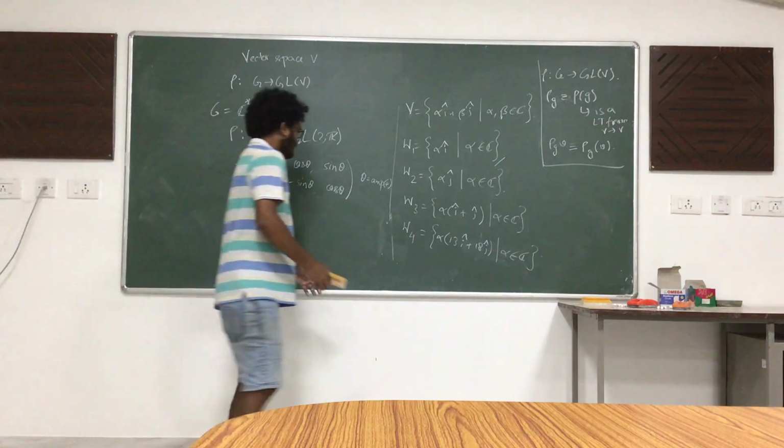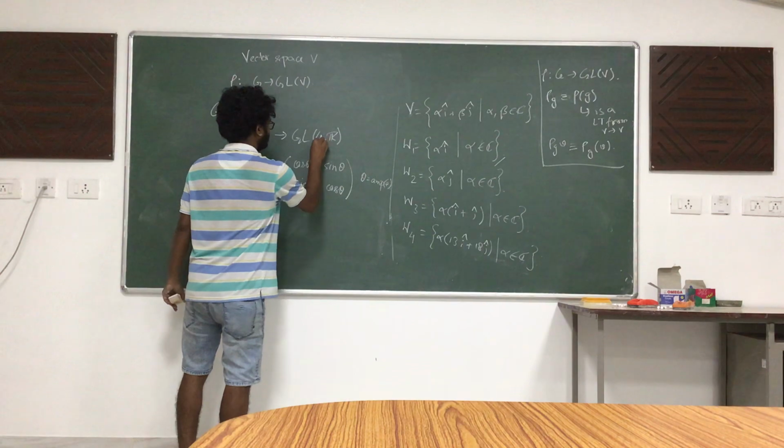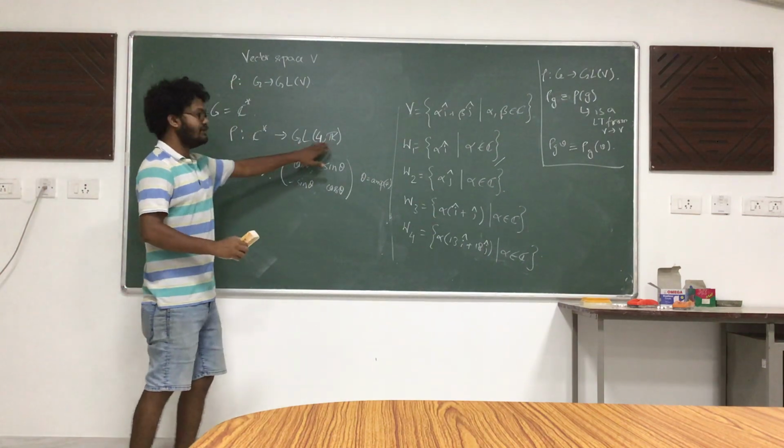Okay. And let us now modify this example to GL of C star to GL4R.